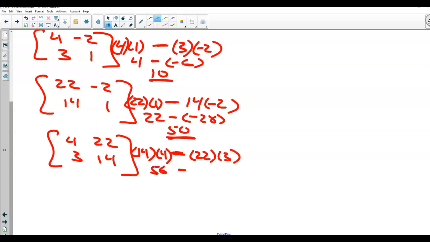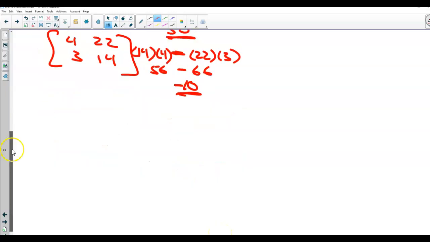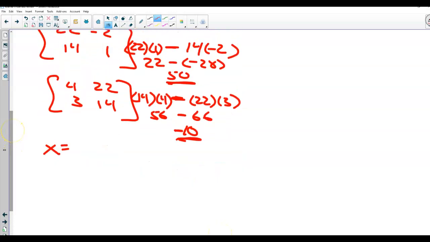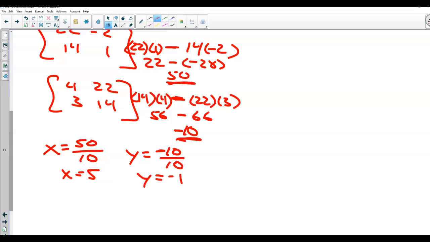You're going to get 56 minus 66, and that's going to give you a negative 10. So my x is 50 over 10. My x is 5. My y is negative 10 over 10. My y is negative 1.